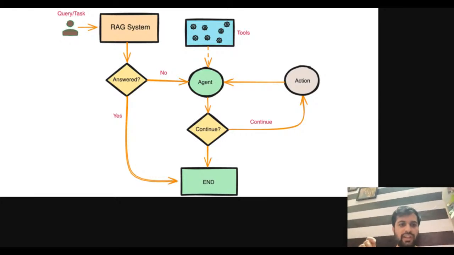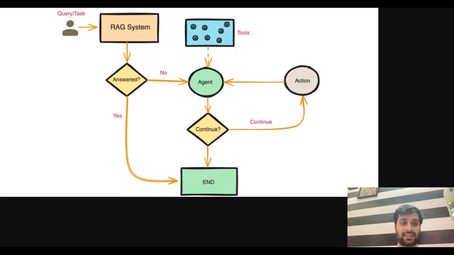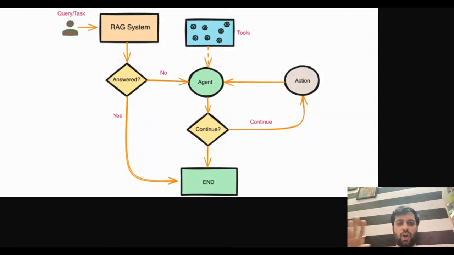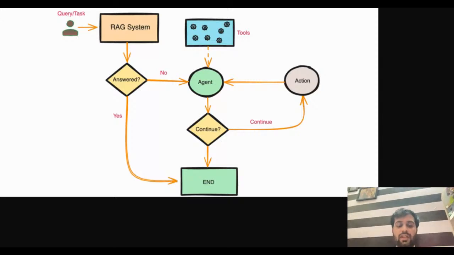Okay, so the agent has the superpower to access external tools. That is all about agents. When you have the RAG system, you will access your private data, and after accessing the private data, what else can you do? Nothing. Why? Because you are limited to the private data.